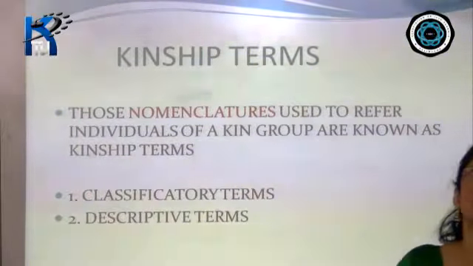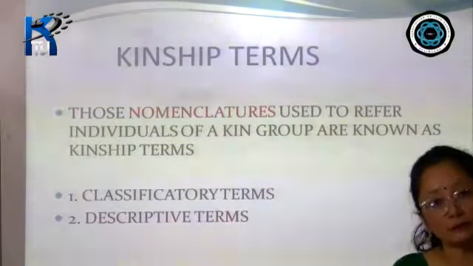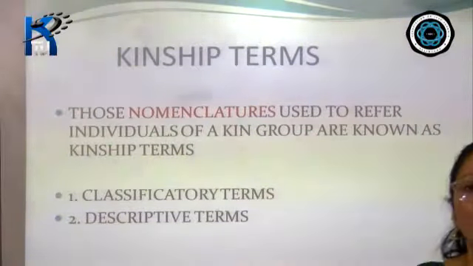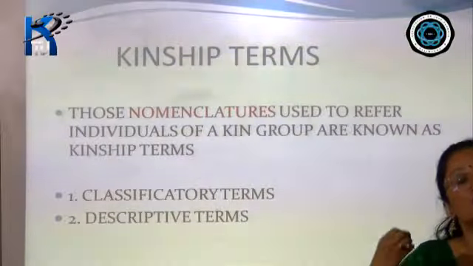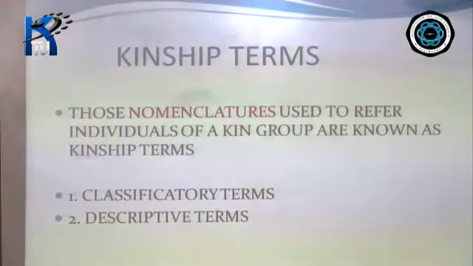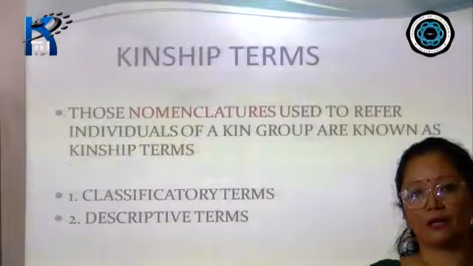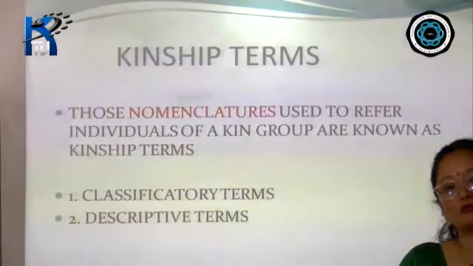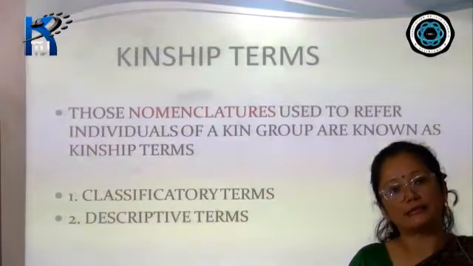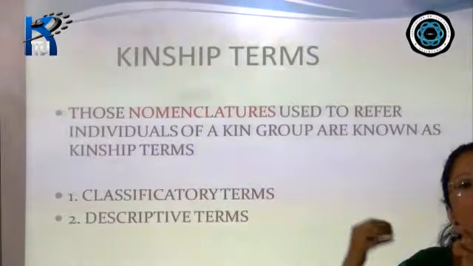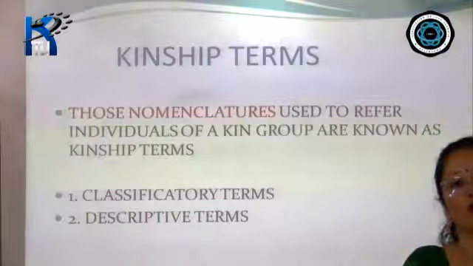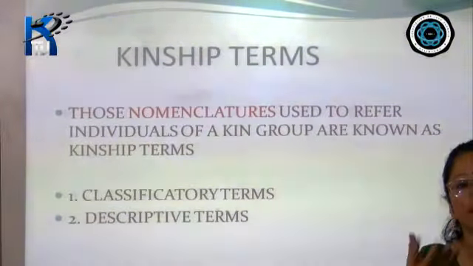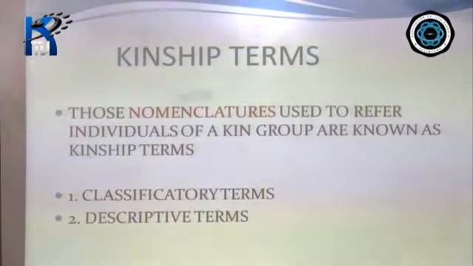So in our day-to-day lives, we have terms which we use to call our close relatives, and we also have terms to address people who are not related to us. Now, there is a difference between the Indian system or the Eastern system of calling out individuals and the Western system where they address individuals.